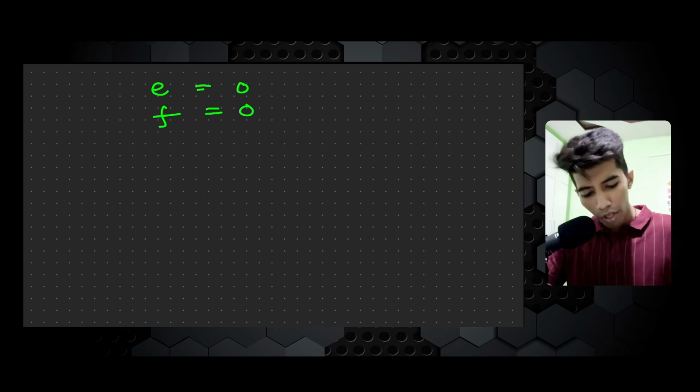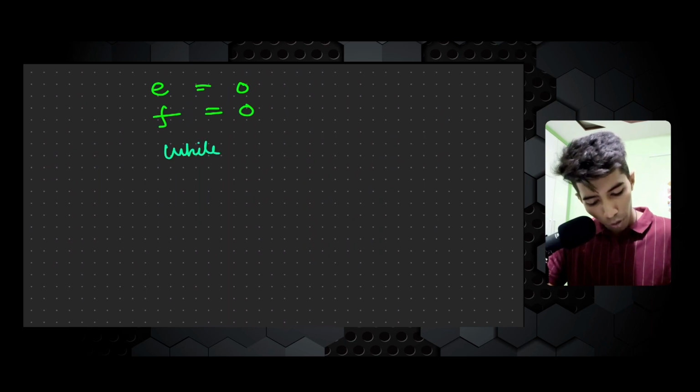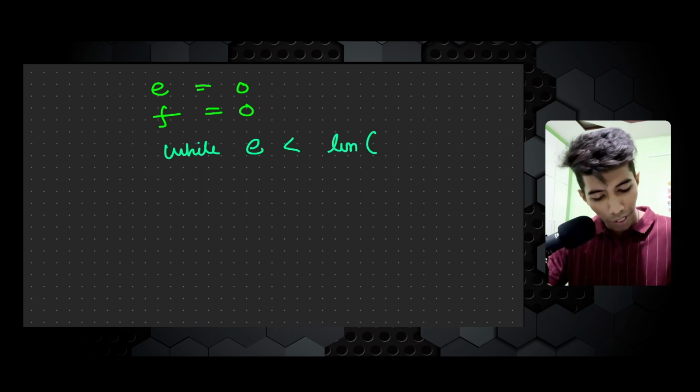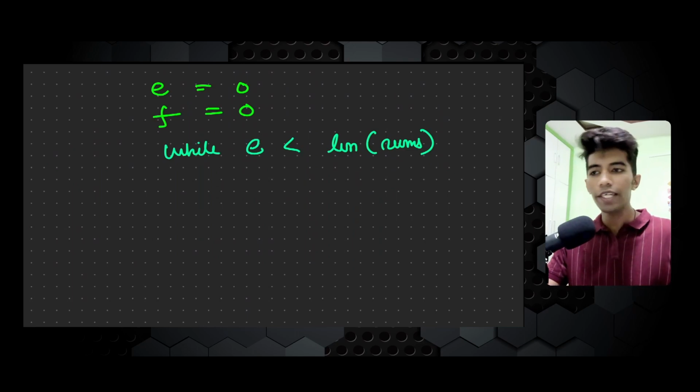So now I will create one E which will be 0 and one F will be 0 initially. Very much simple. Now what will we do? Now we will create one while loop. It will run till my value of E gets lesser than the length of nums. Simple guys, very much easy.